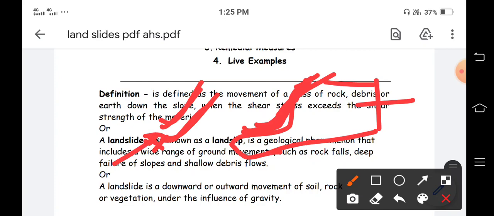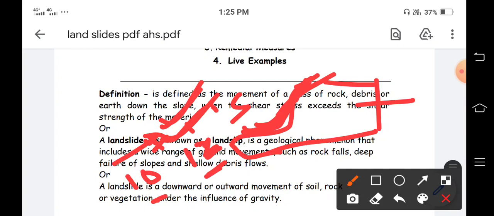Suppose the shear strength is 10 and the shear stress is 12. The shear stress is the stress due to sliding, and shear strength is the stress which offers resistance to the sliding.